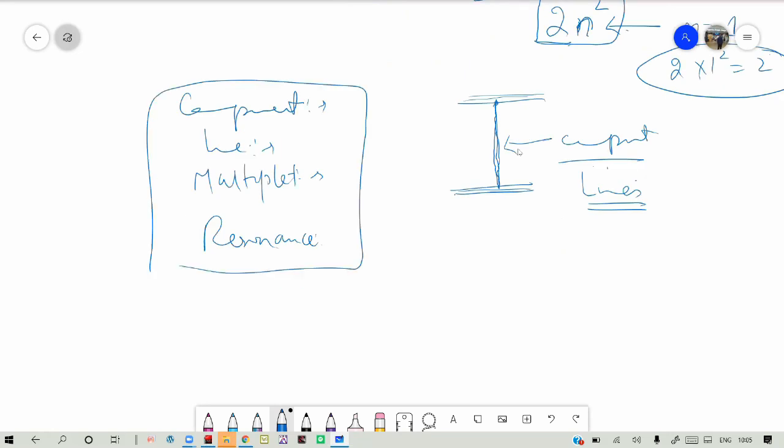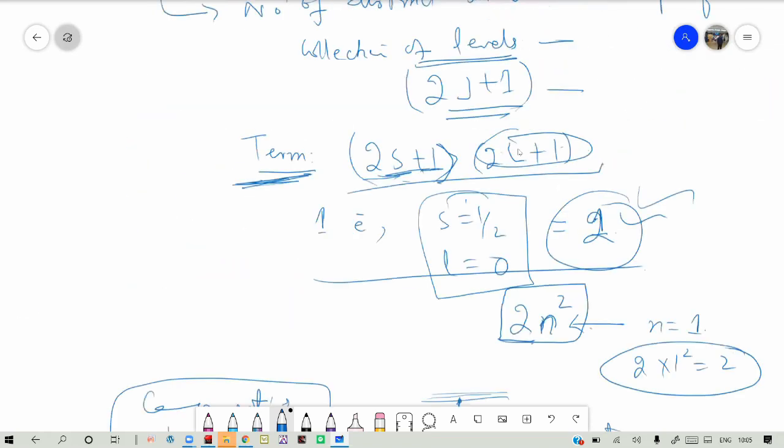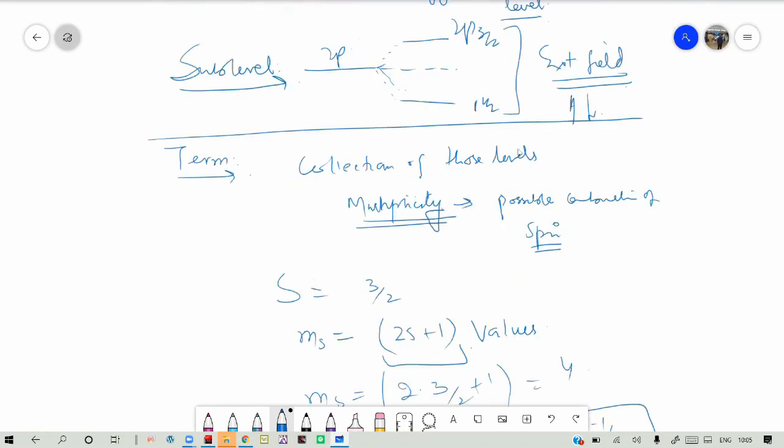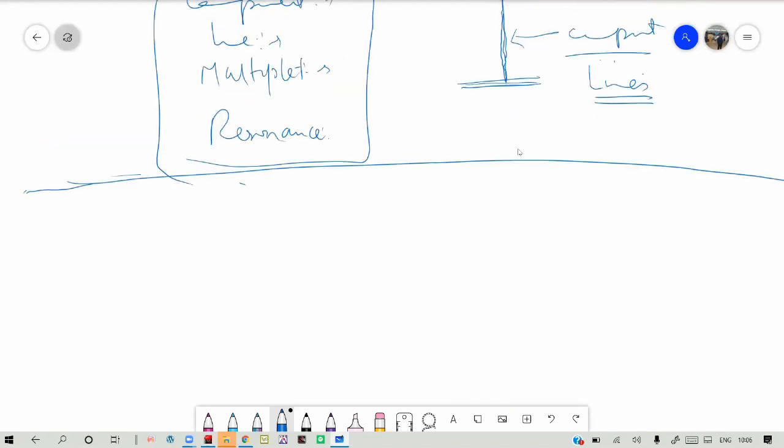These we have already done, and we will see them again when we discuss other effects like Zeeman effect and Stark effect. Our main topic today, these were some definitions. I will send you these separately. We have actually to study spin orbit, or simply the LS coupling or JJ coupling.